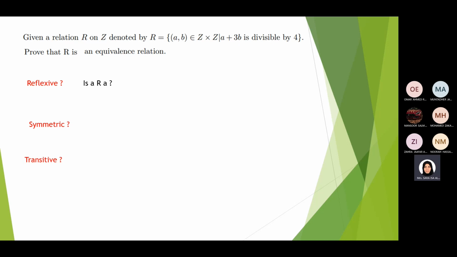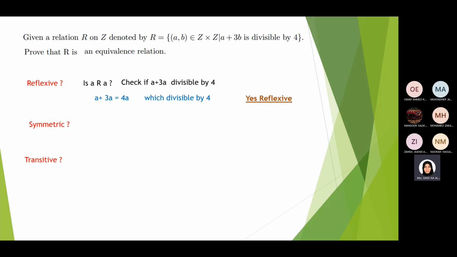What does A R A mean? I substitute here. A R A means A plus 3A is divisible by 4. What is A plus 3A? It is equal to 4A, which means it is divisible by 4. Okay, so it is reflexive.